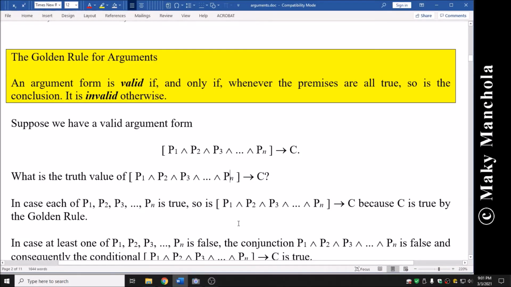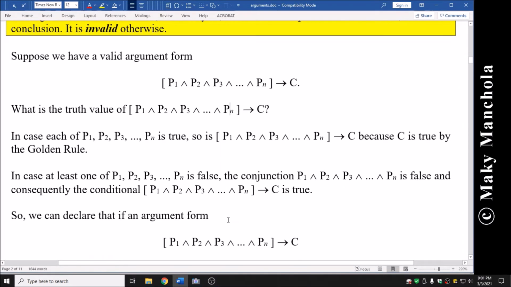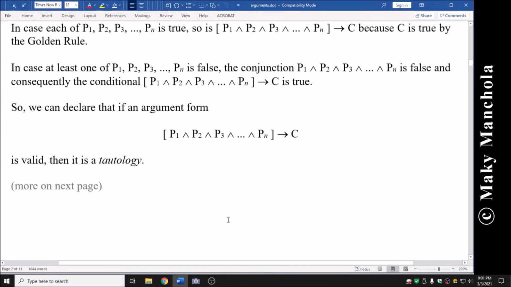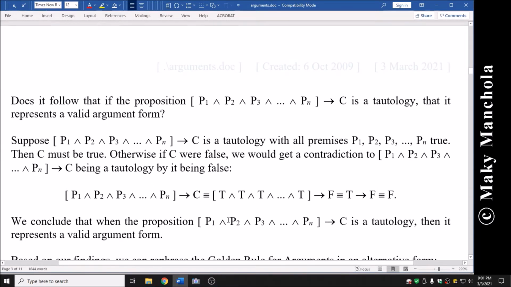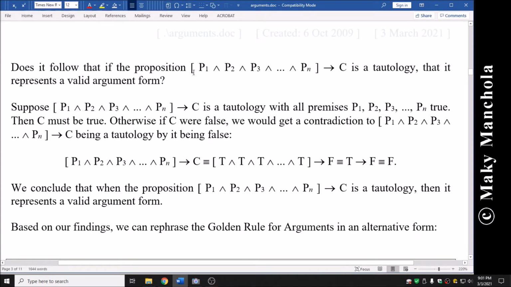So now, let's reverse the question. Does it follow that if the proposition "conjunction of the premises implies the conclusion" is a tautology, then it represents a valid argument form?